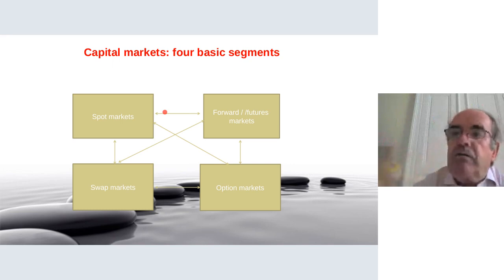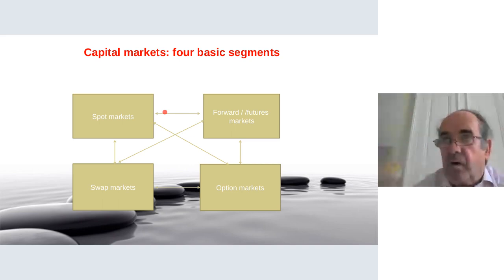If you buy euro, you will receive 1 euro spot on your account, and you will pay for that $1.20.